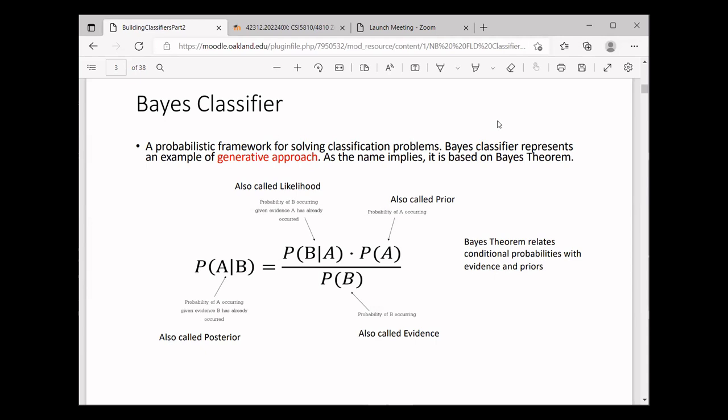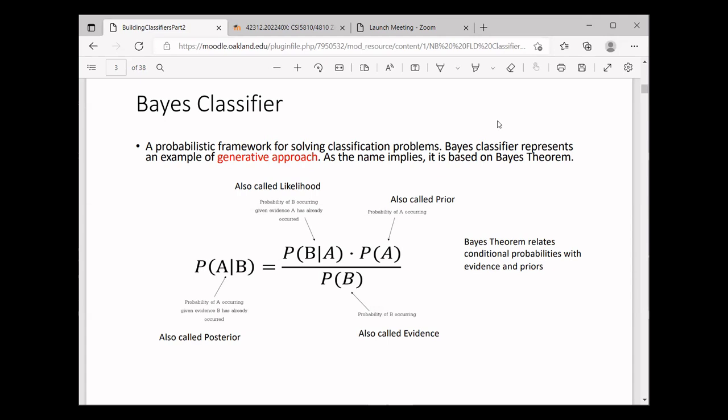And the different terms in this theorem are known by different names. For example, on the left-hand side, the probability of A given that B has taken place is called posteriori probability, or simply posterior. Probability of B given that A has happened is called likelihood.